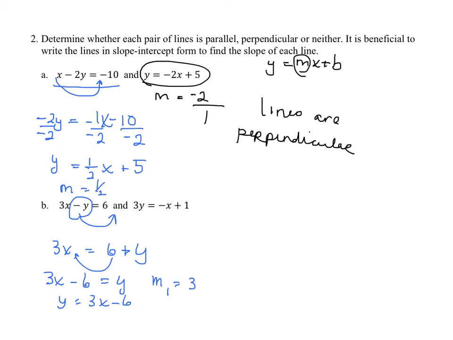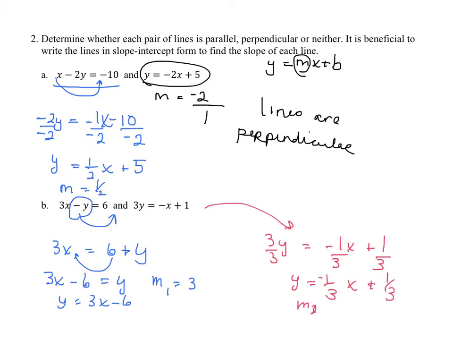Let's take a look at this one over here. This one is almost in slope-intercept form. I'm going to stick a -1 in front of that x. So y is equal to -1/3 x plus 1/3. So if I look, the slope of this one is -1/3.